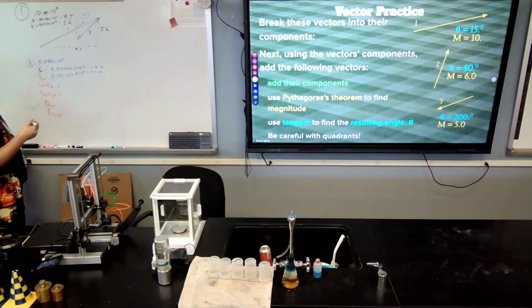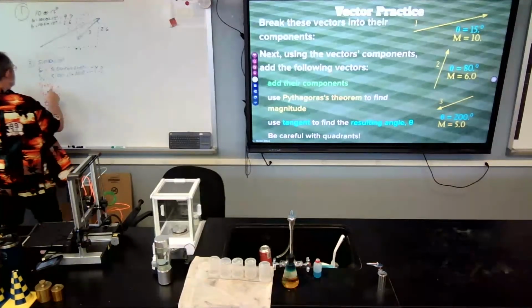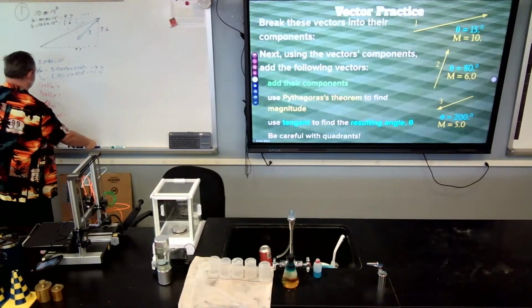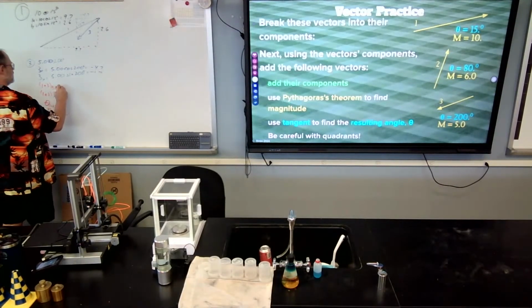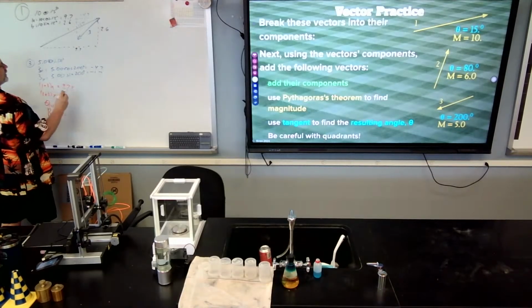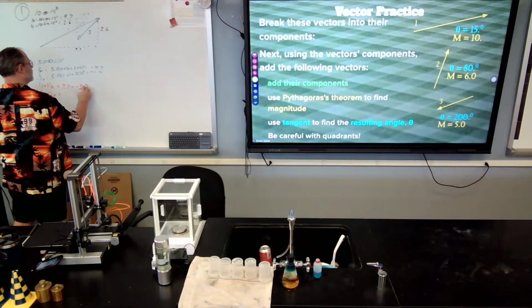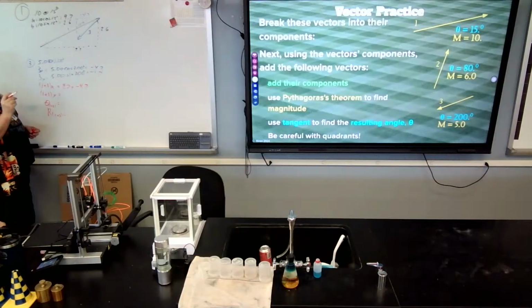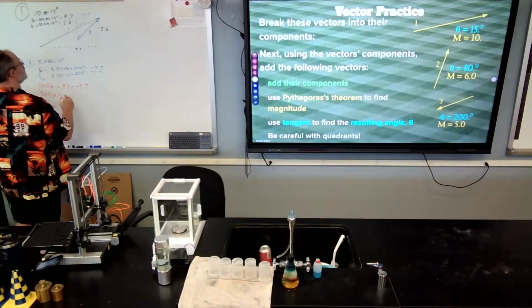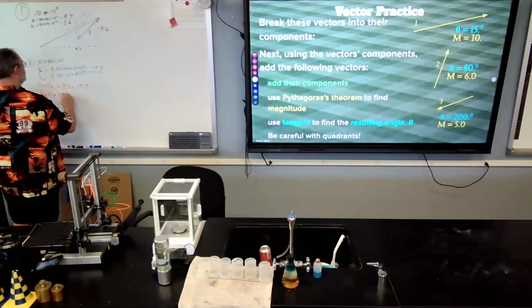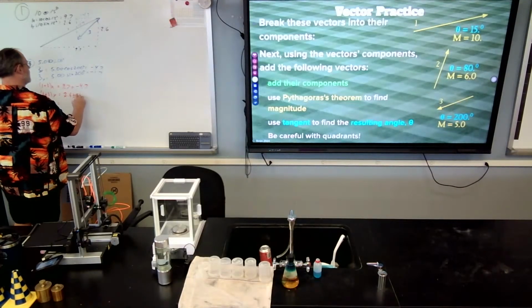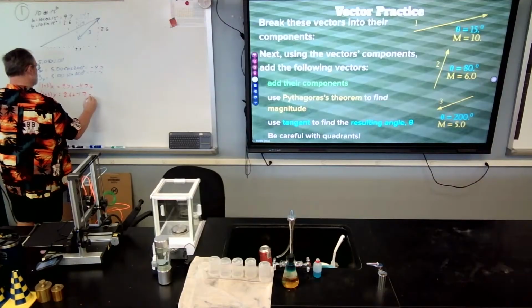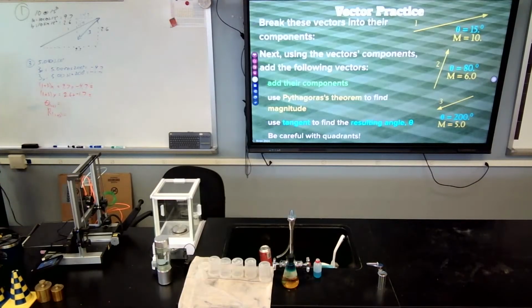So when you add them together, the x is going to be your 9.7 added to your negative 4.7, right? We're all good so far? And then the y is going to be your 2.6 plus your negative 1.7.